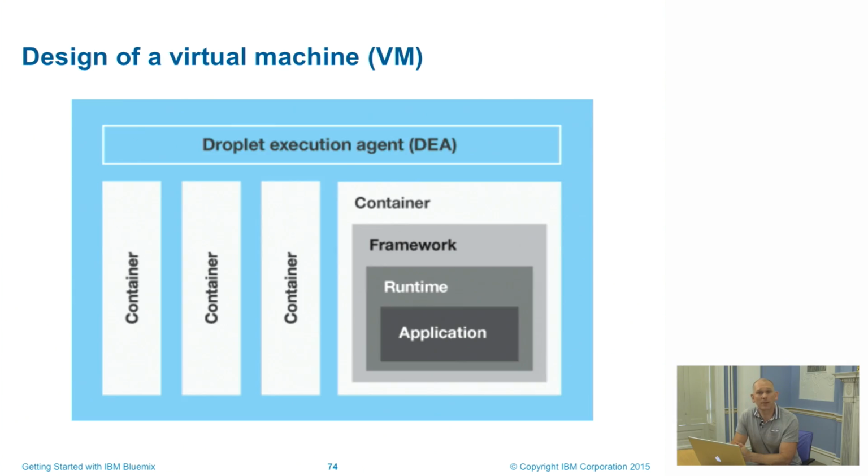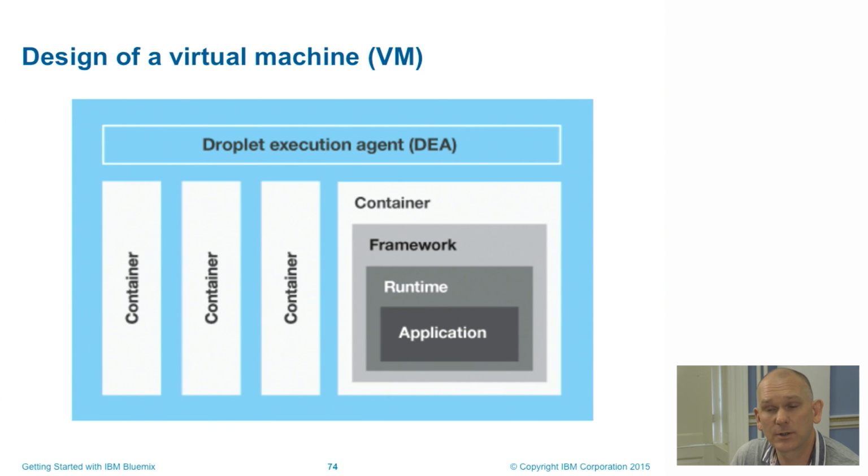So when I run an application on Bluemix, I'm not running on a physical machine, I'm not running it in a virtual machine, I'm actually running it in a container. And a container is an isolated piece of a virtual machine. There's a droplet execution agent which manages all the containers running within that virtual machine.